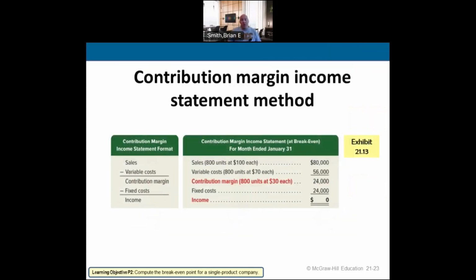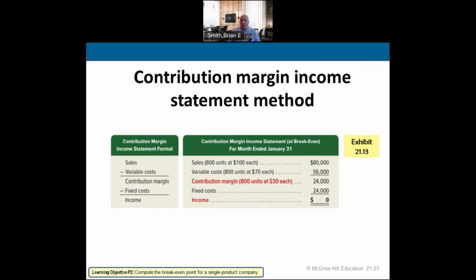Here's your contribution margin income statement. You take your sales minus variable costs, get your contribution margin, subtract out your fixed costs, and get your net income. If you set your income to zero, and you know your sales and variable costs, you can calculate everything else. As long as I give you three parts of this information, you should be able to calculate the last one.